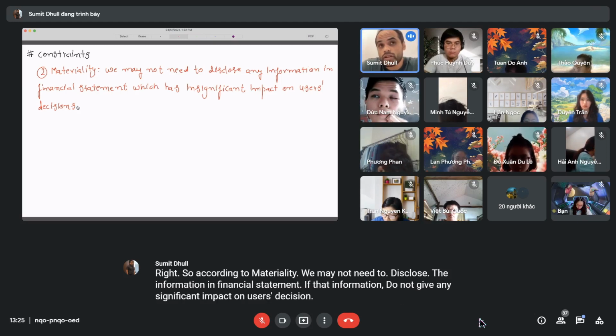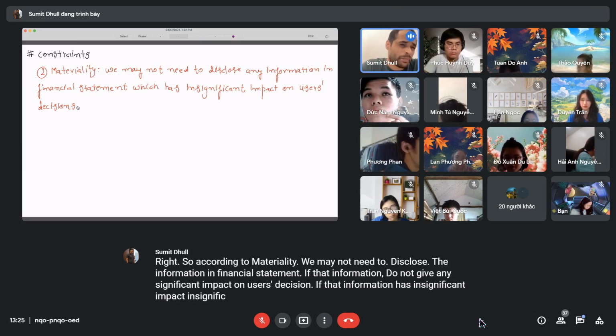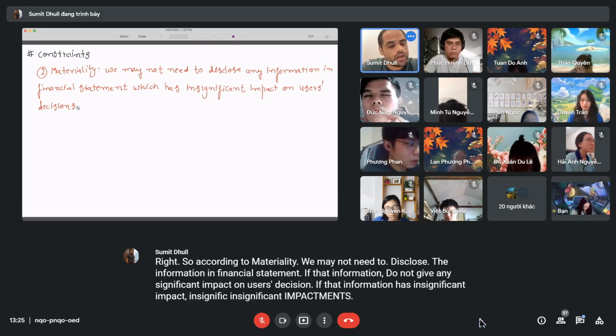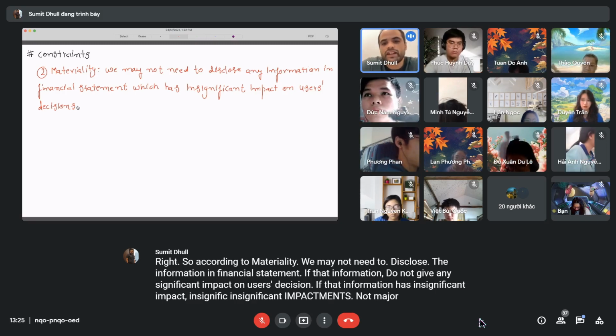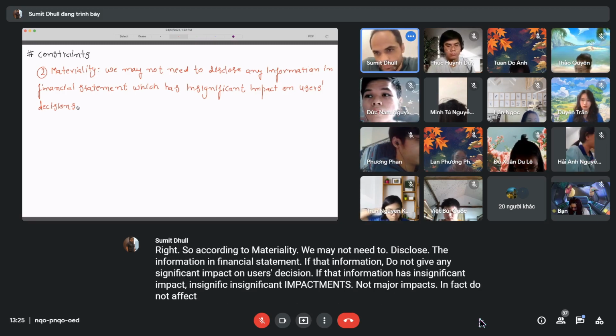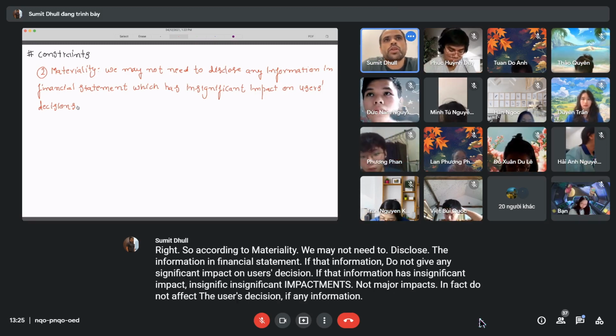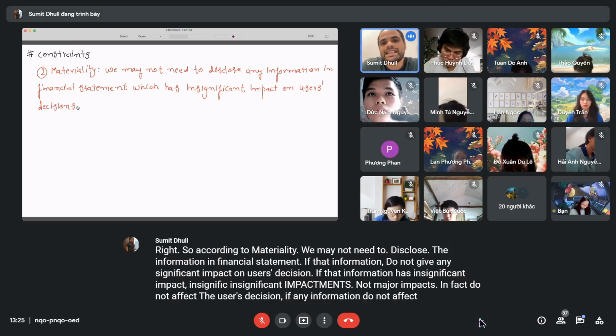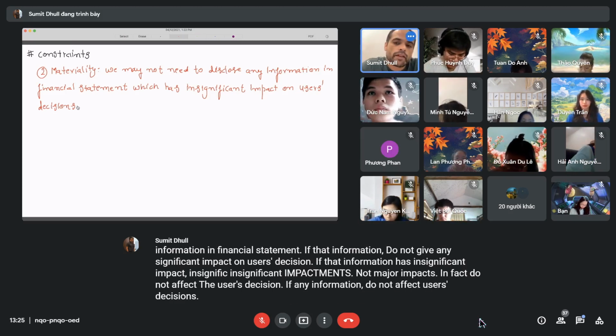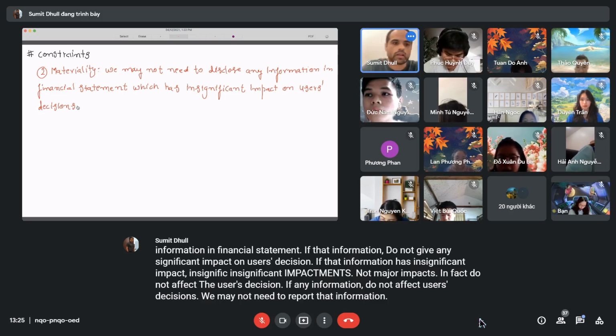If that information has an insignificant impact, insignificant impact means not major impacts, in fact does not affect the user's decision. If any information does not affect users' decisions, we may not need to report that information.